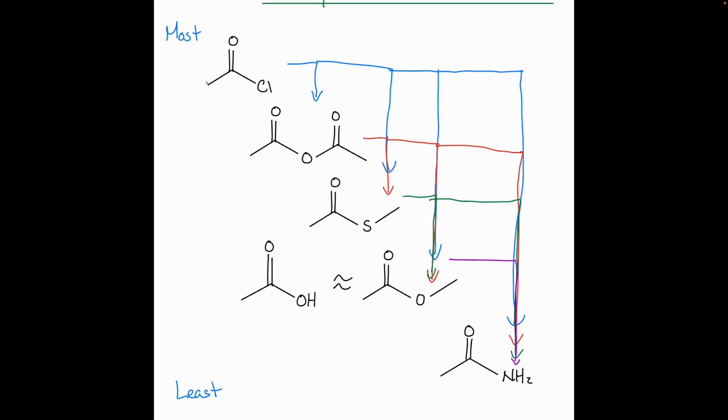We then have an oxygen in that position attached to that carbonyl carbon for both a carboxylic acid and an ester. We lump these 2 together. And then our least reactive are our amides. And we talked about why this ranking is that way: if we look at these leaving groups here, these are ranked from the best leaving groups to the worst leaving groups. So that explains the reactivity that we see here.